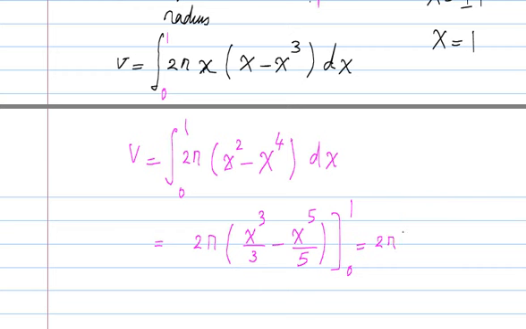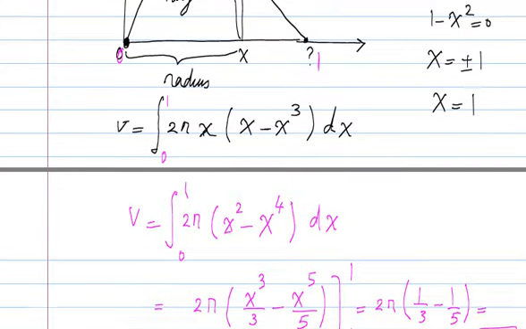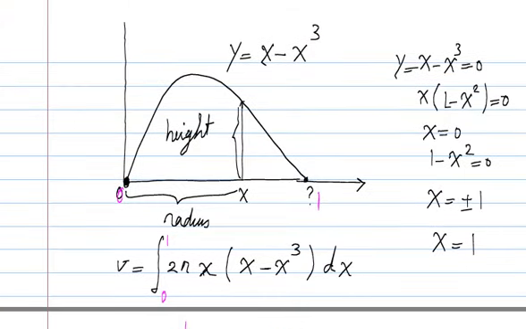That is 2 pi times 1/3 minus 1/5, which is 2 pi times 5 minus 3 over 15. That boils down to 4 pi over 15. So for this problem, the only method we could actually apply was the method of cylindrical shells.